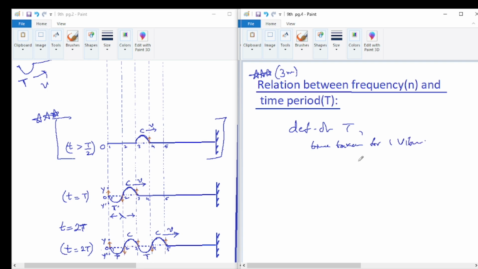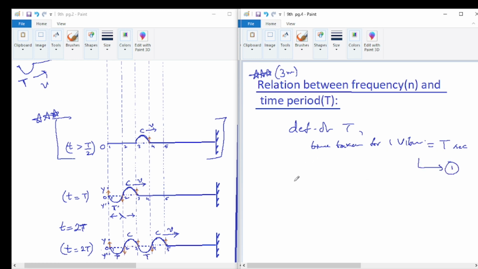So time taken for one vibration itself is the time period, which is t. What are the units of time period? Usually seconds, so we can say it's t seconds. It can be 5 seconds, 4 seconds; in general it's taken as t seconds. So this is the time taken for one vibration. Call it equation 1.